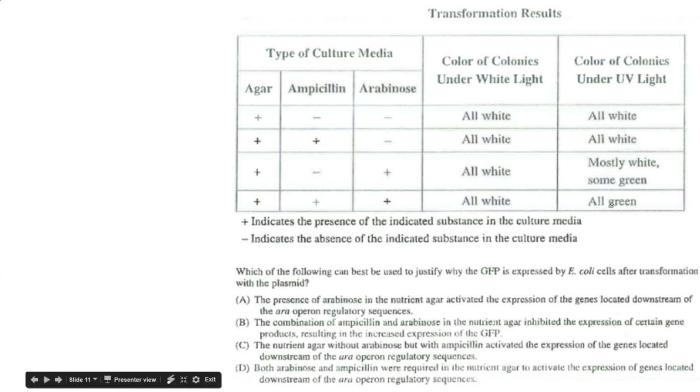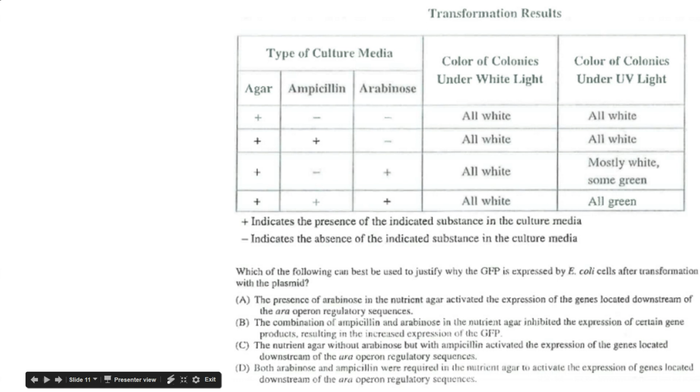They're all green because anything that would be white here would have not picked up the plasmid. So you have some white in this because you're also going to have some bacteria growing that have not picked up the plasmid. In this situation, only the ones that pick up the plasmid are going to survive because they would be ampicillin resistant, and then they would also glow green.